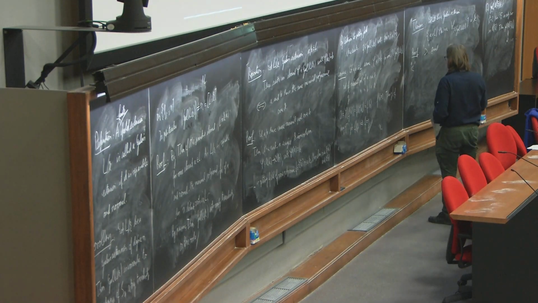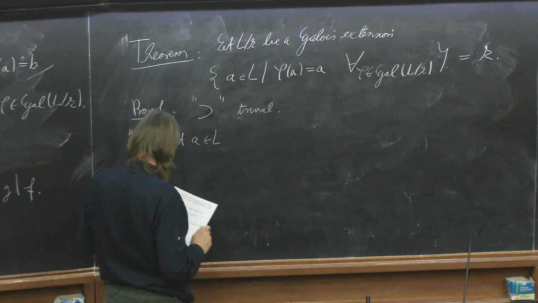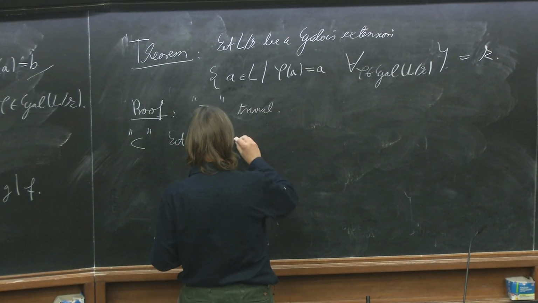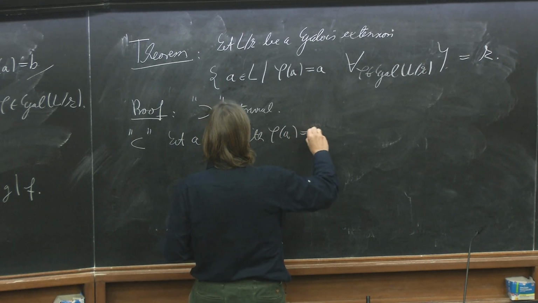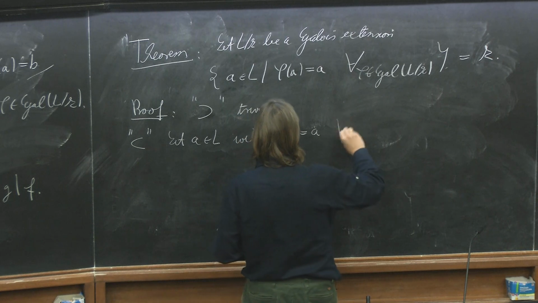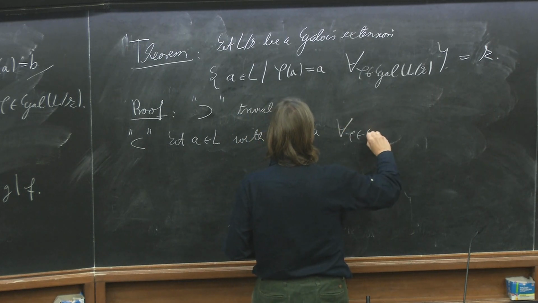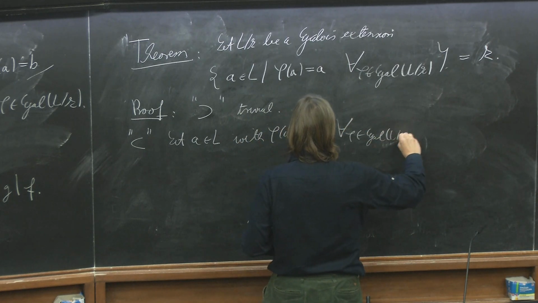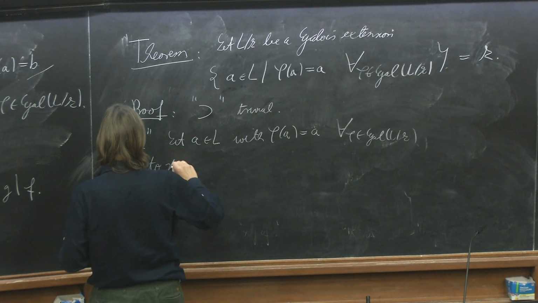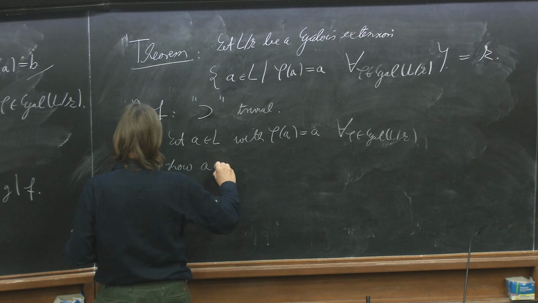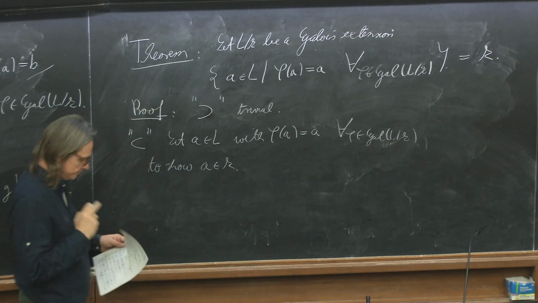We take an element A in the bigger field which is invariant under all phi in the Galois group of L over K, and obviously we have to show A is an element in K.